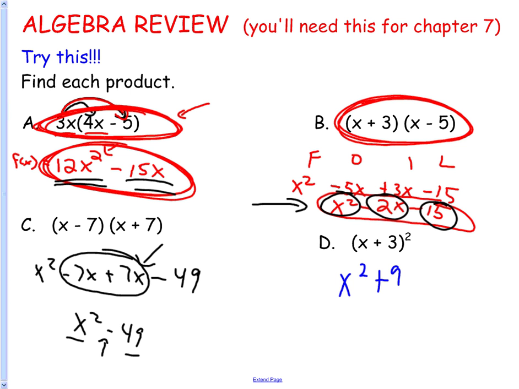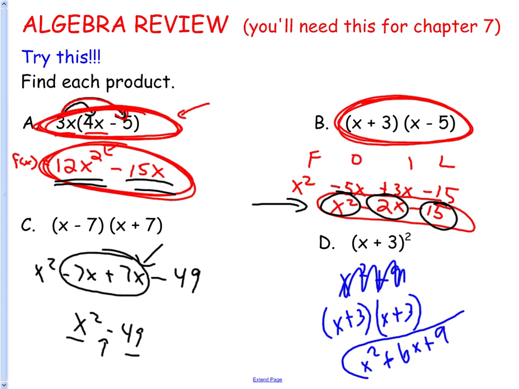The exact right answer for this one instead is we've got to go like this. x plus 3 squared means x plus 3 and x plus 3 multiplied. And this one comes out to x squared plus 6x plus 9. Raise your hand if you had that one right. Okay, good.